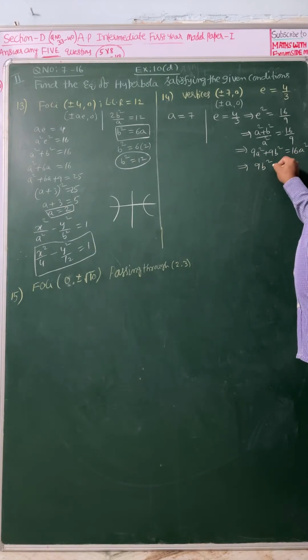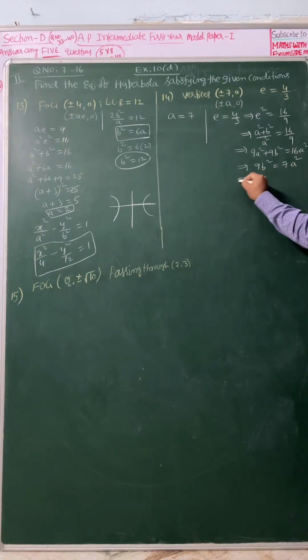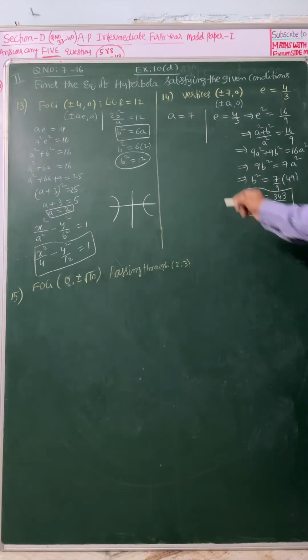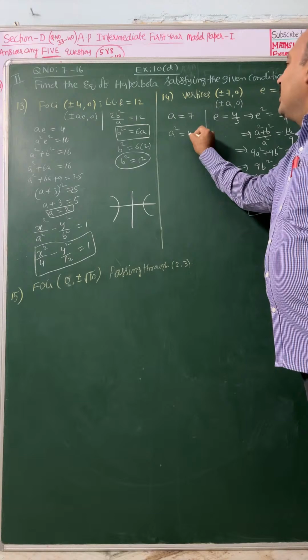So 9b square equal to 7a square. So b square is equal to 7 by 9 into the a square value, 49. So b square equal to 343 by 9. So we got the b square value. The a square value is 49.